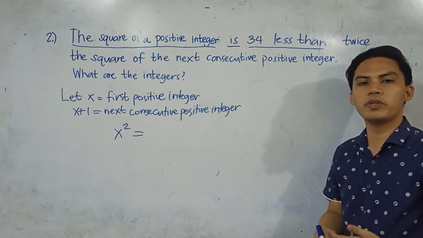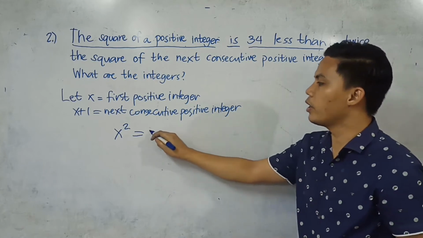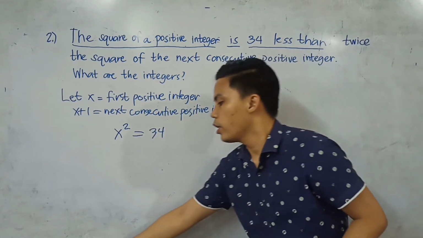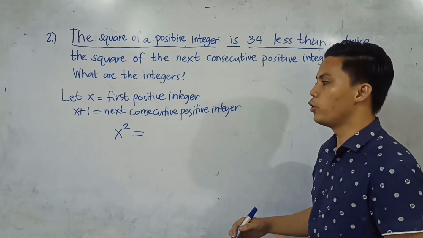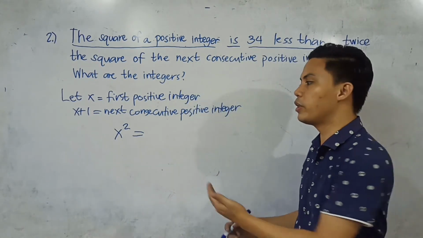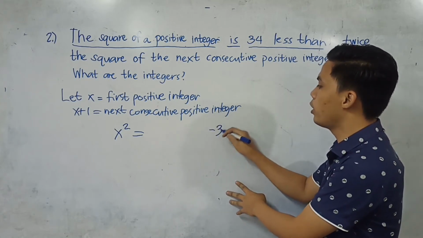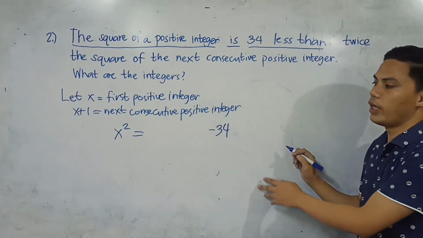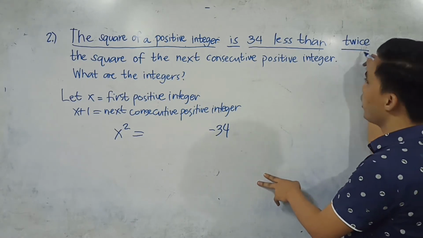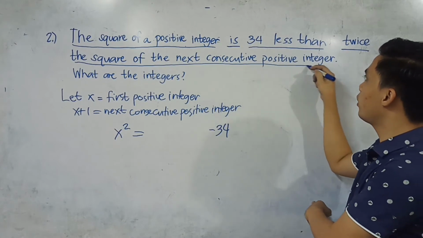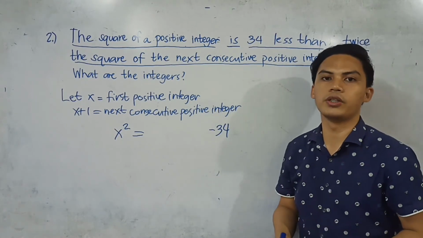Pero yung common mistake ng students ay nilalagay nila sa unahan yung 34. Okay? So since 34 less than, so, yung minus 34 natin will be written sa dulo. Okay. So, minus 34.